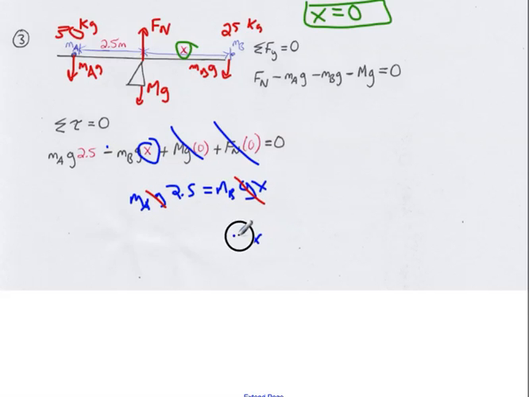And we get x is just that distance, 2.5, times that mass, we called it 30, that light adult or child, divided by the other mass.